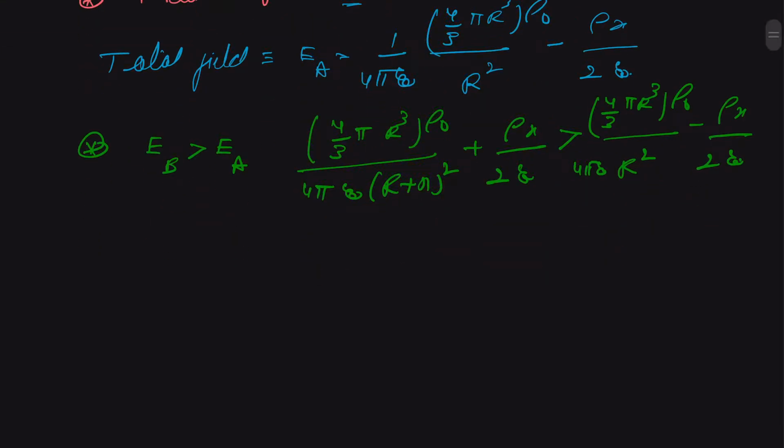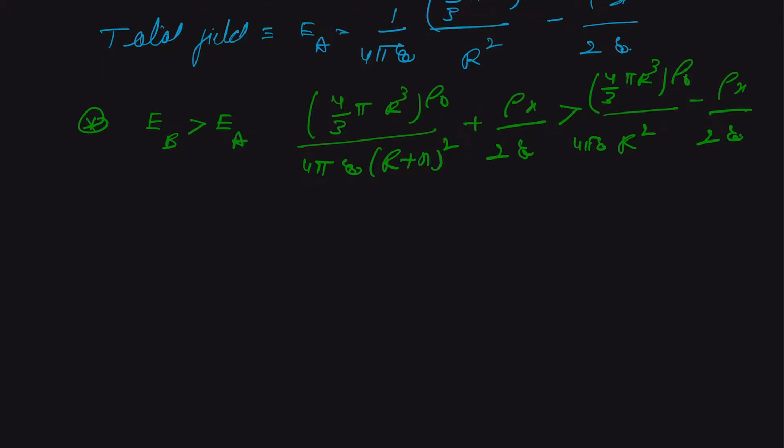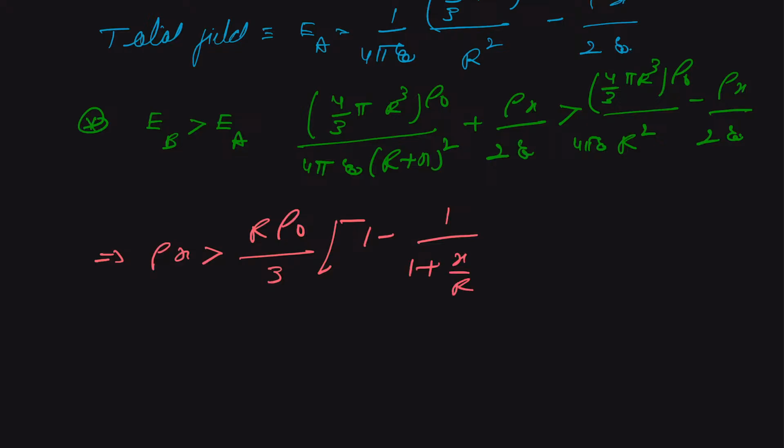And this is quite easy to solve. Okay. And we can rearrange it, and that rearrangement is going to give us an equation that rho x should be greater than r times rho naught upon 3, times 1 minus 1 upon (x plus r) whole square.